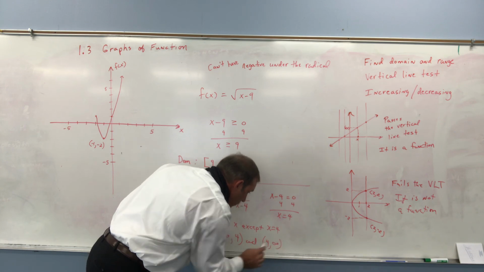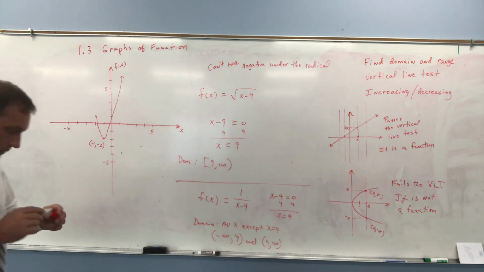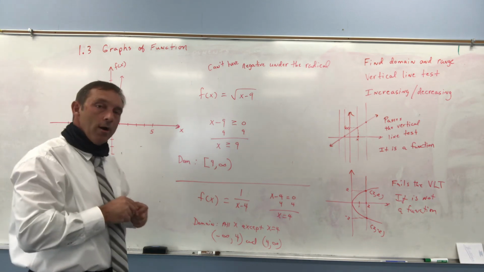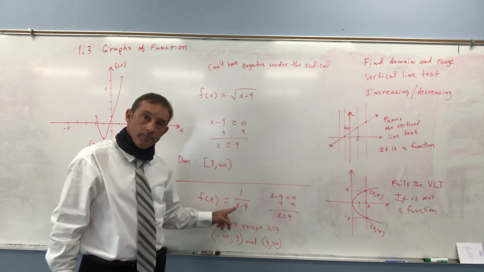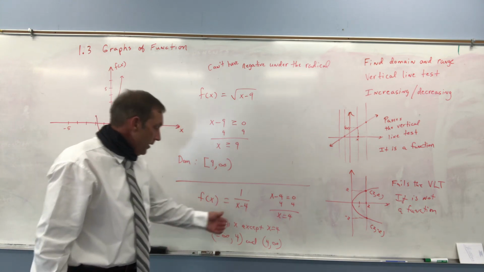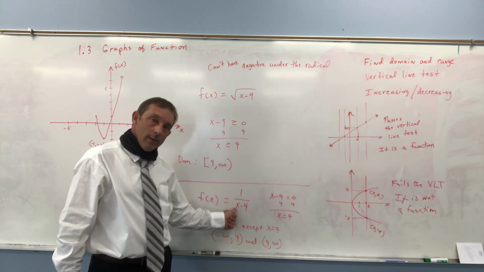There's different ways we can do it, but we just have to understand that 4 is not going to be part of the domain for this function. 4 is not going to be part of the domain. It would give us a 0 in the denominator.